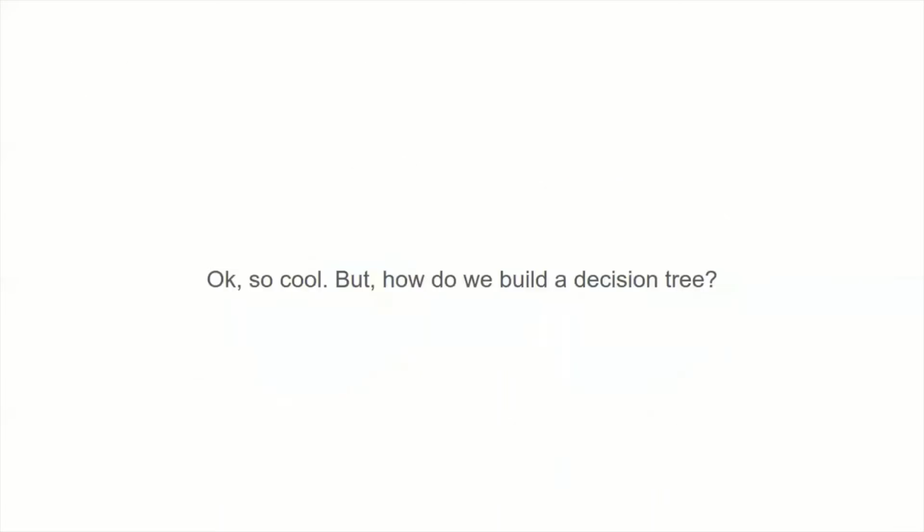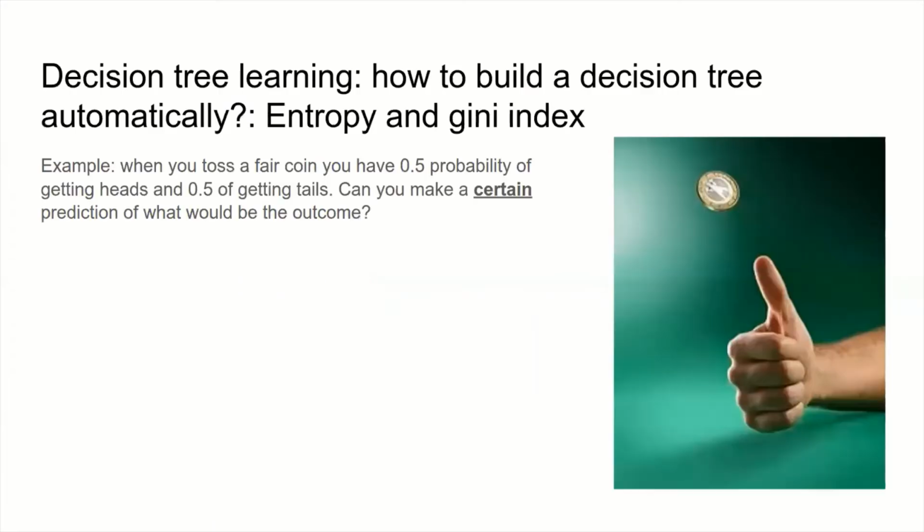Okay, so cool. But now let's see the tip of the iceberg that I told you about earlier. Firstly, I want you to imagine, let's do a little probability exercise. Are you with me? Do you want to do it?